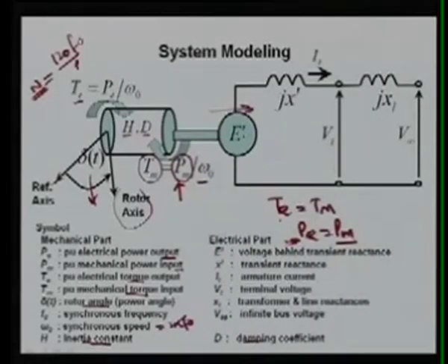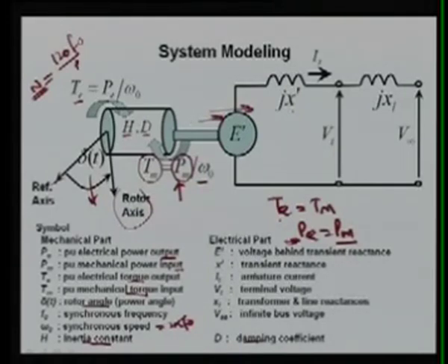Here V infinite is the infinite bus voltage. This is the terminal of the generator. This is X prime, the transient reactance of the synchronous machine, and E is the voltage behind the transient reactance. Whatever power is coming out will be equal to your Pm in the steady state.